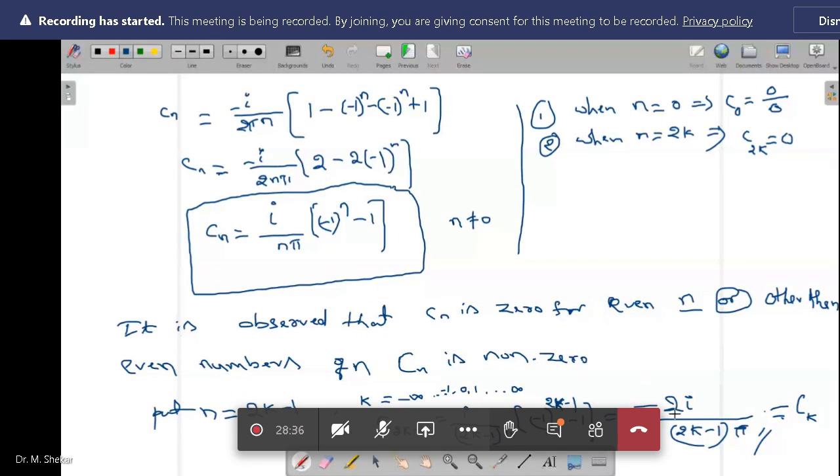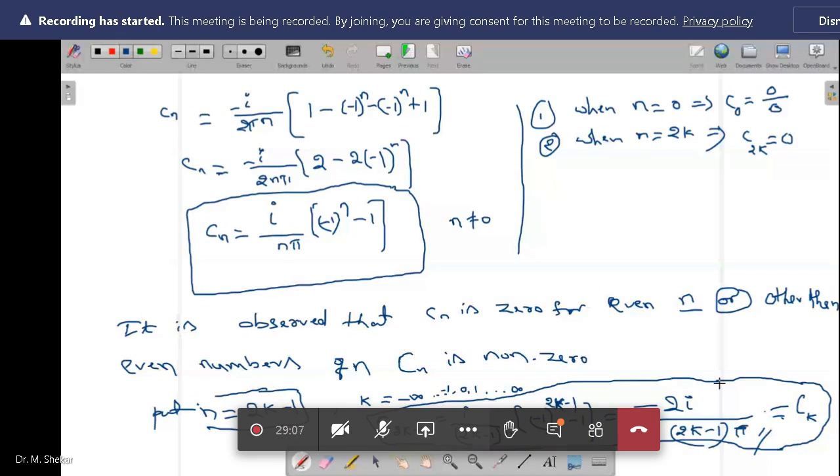So finally you can write in terms of Ck answer, not Cn, because when you replace n by 2k minus 1, all Ck you can easily get as non-zero terms. So that will be the final Ck. Why is this required? When you take a complex series, there are some terms of Cn which may be 0, maybe indeterminate.